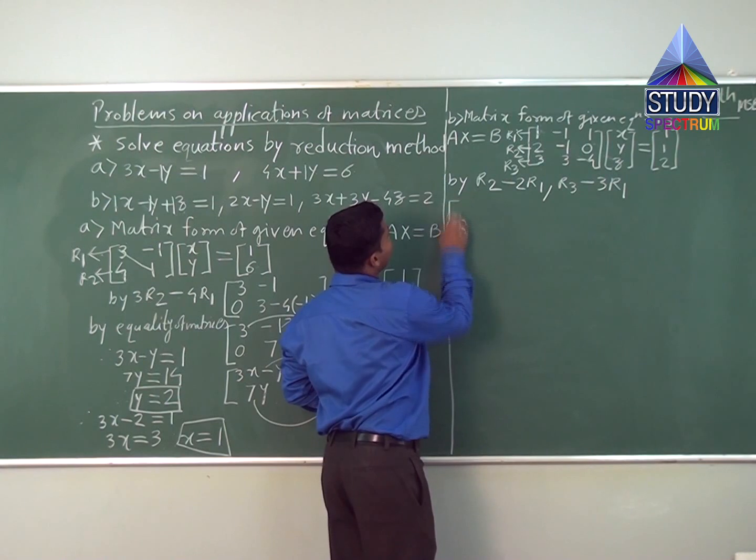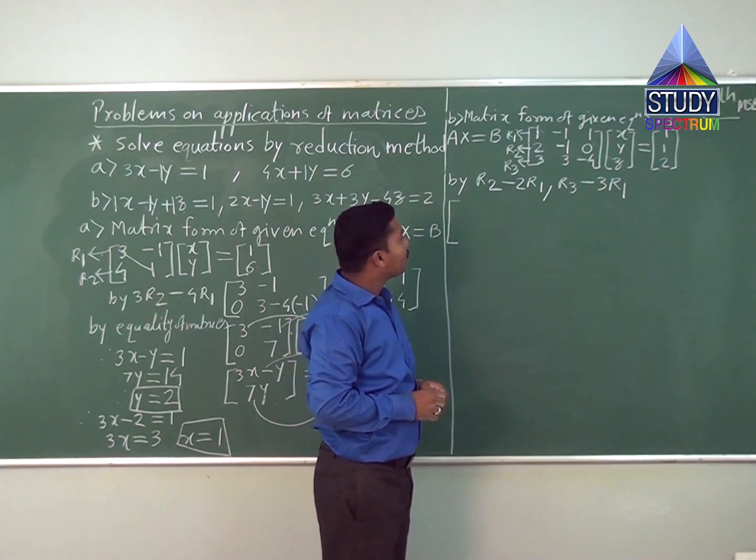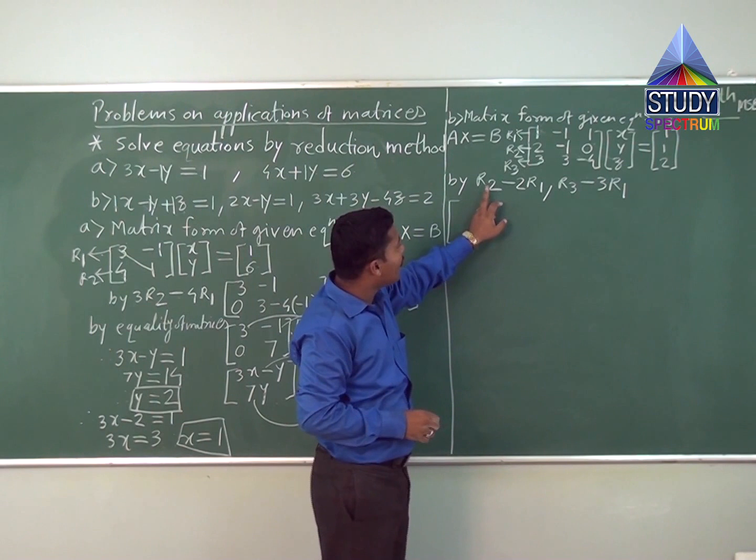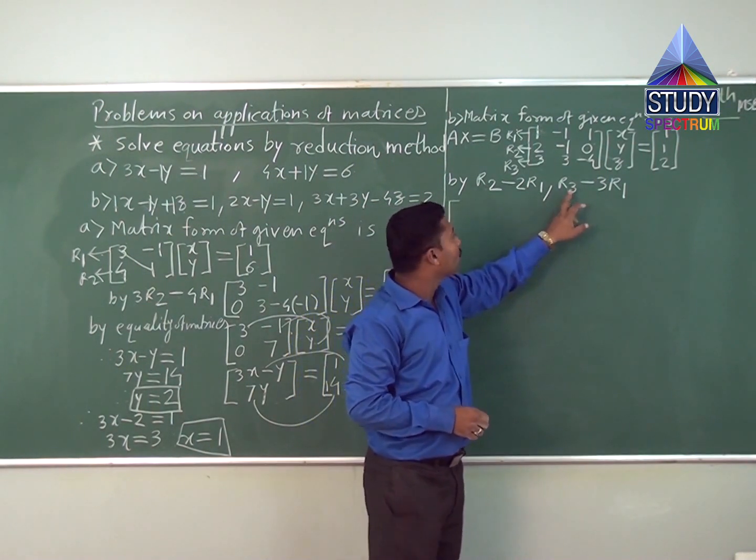So R2 minus 2R1 means changes only in R2, and R3 minus 3R1 means changes only in R3.